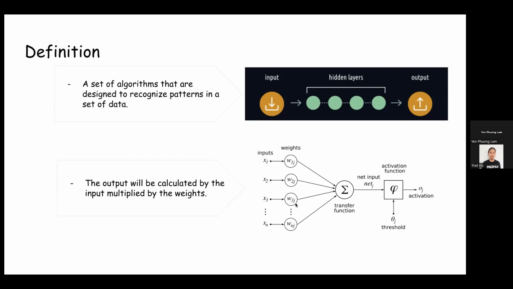The weight is a value that we use to calculate the activation during the process of training. Here we use some function to multiply the input and the weights to calculate the activation. And most of the time, the weights can be changed and adjusted during the process of training.